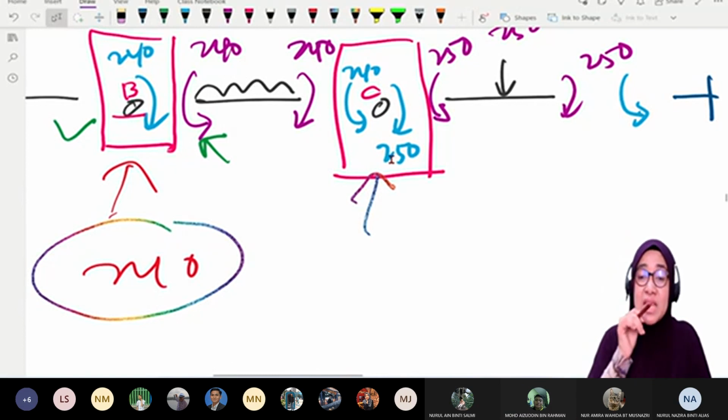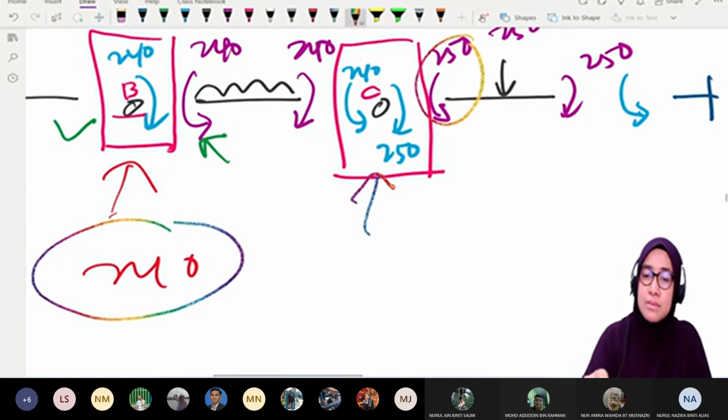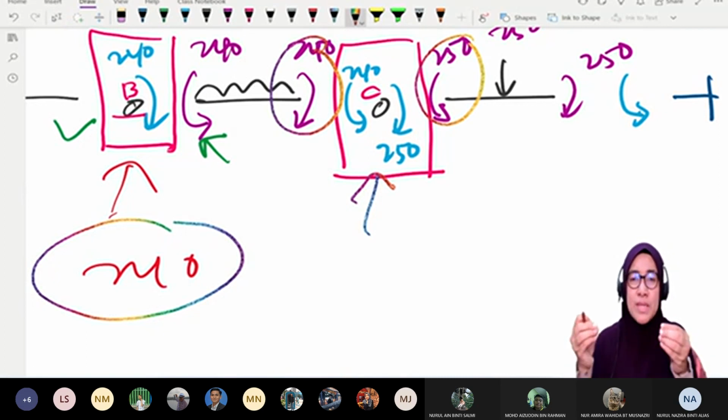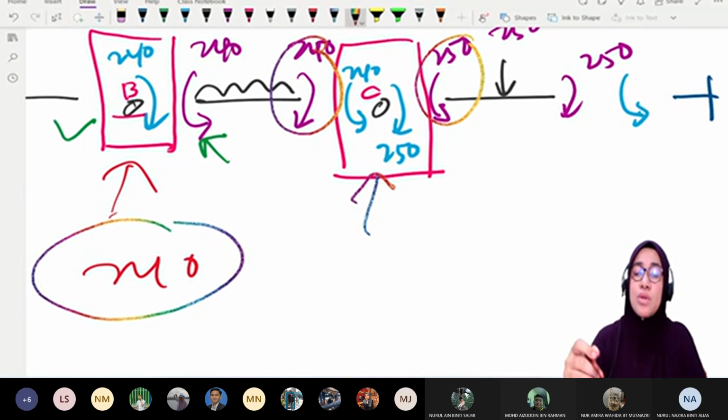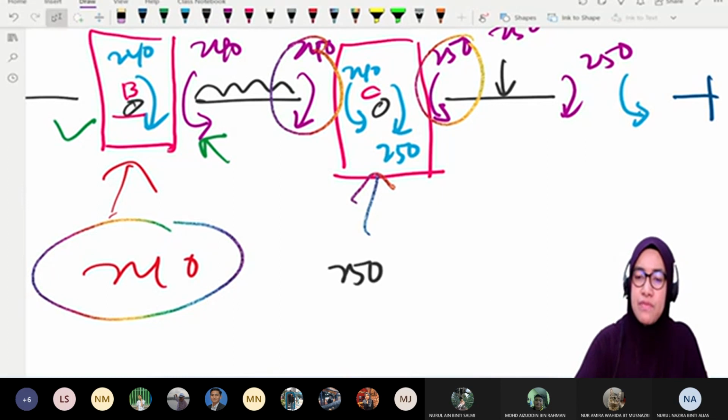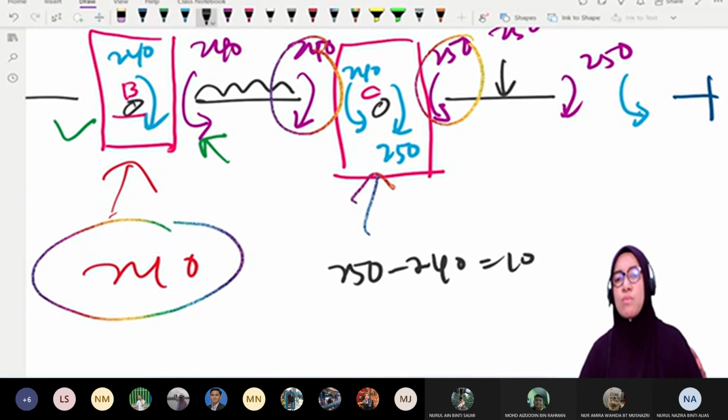You dapat negatif bila you tengok yang ni. That is not join moment. Join moment yang opposite dengan yang dua tu. So yang kita tengok yang dalam kotak yang saya dah highlight tu. Okay, it is 250. 250 minus 240. So we get 10. 10 is join moment.